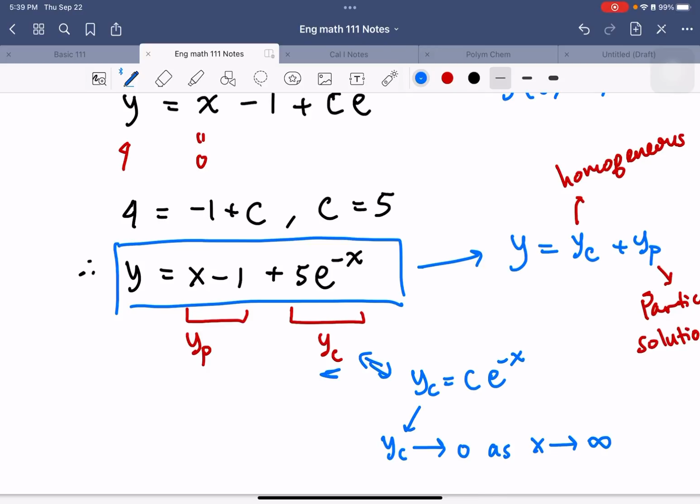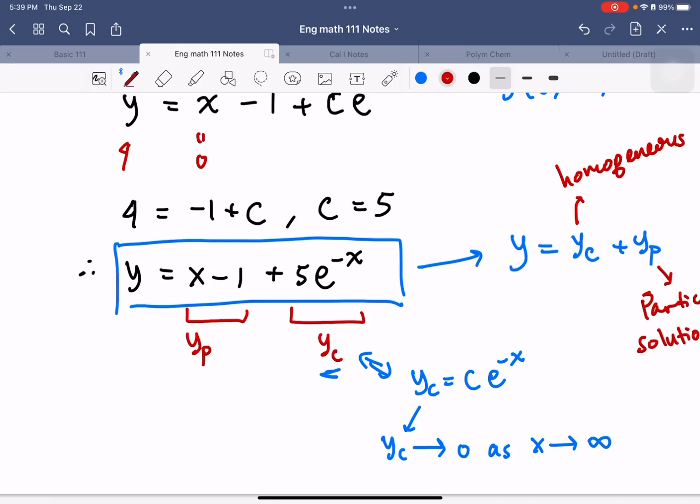Sometimes the whole thing is yc and yp can be 0, or the whole thing is yp. But the interesting thing is, if we know that we can have this yp and yc, we can at least make some assumptions or predictions about what will happen in this solution.